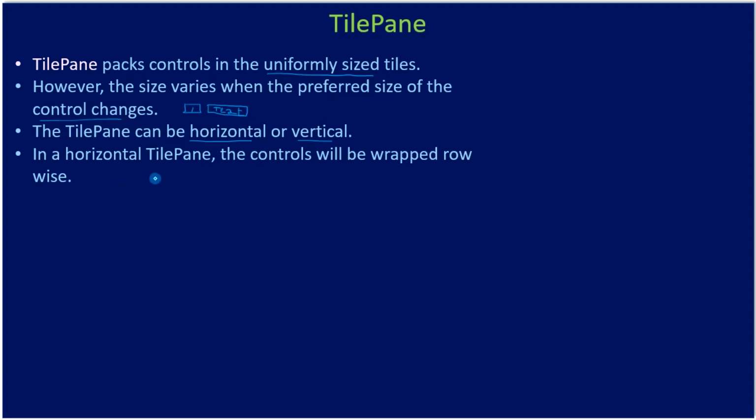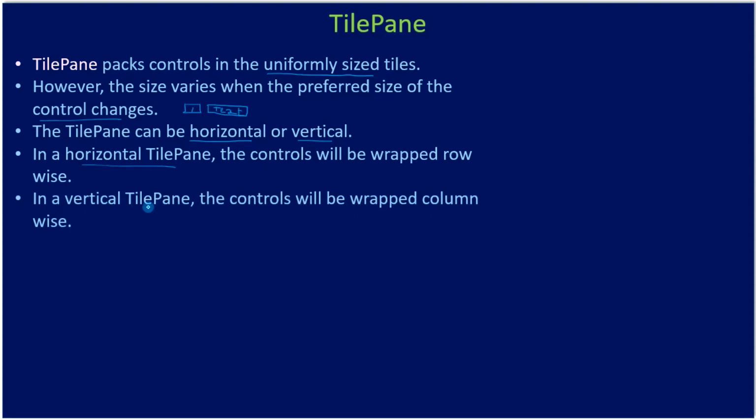Or when you resize and there is no space to display the control in one row, then automatically the control wraps to the next line. You can think of a notepad: you typed some lines of text, and if you resize the notepad window, the words will be wrapped row-wise, right? The same thing happens for the tile pane. If it is a horizontal tile pane, the behavior will be like a notepad.